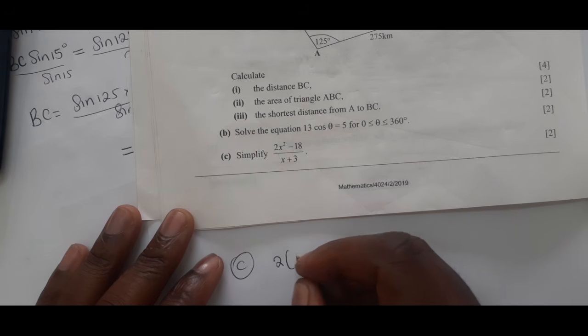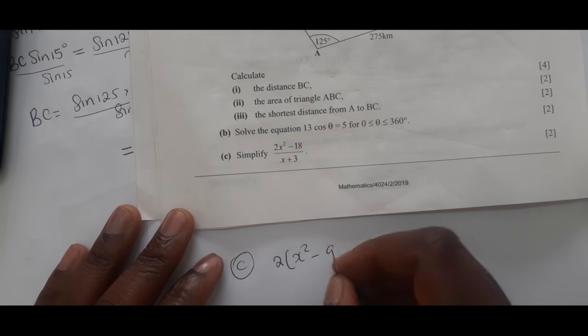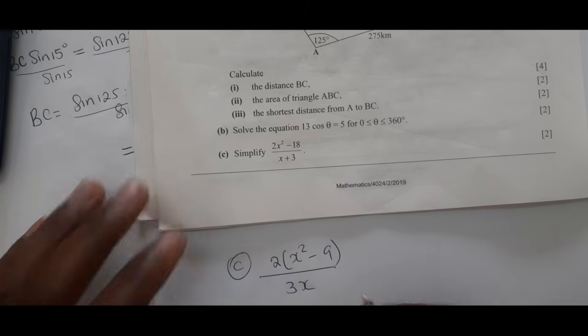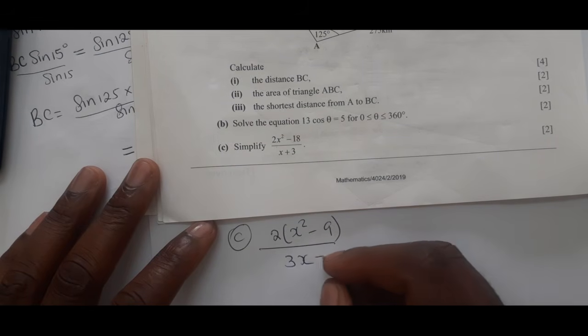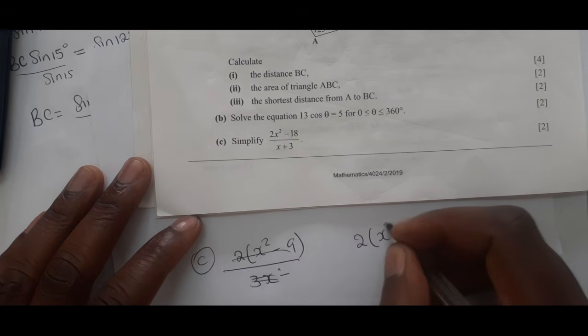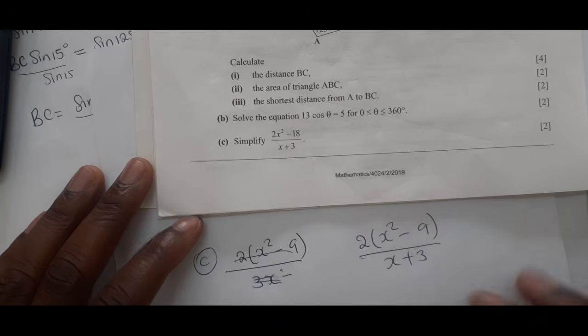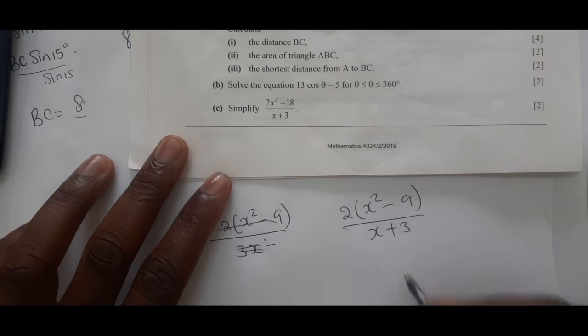2 is common there. Minus 9 over 3. Sorry, this is supposed to be what? So we're supposed to factorize this part, x squared minus 9 over x plus 3. Then we go on to break down this one.